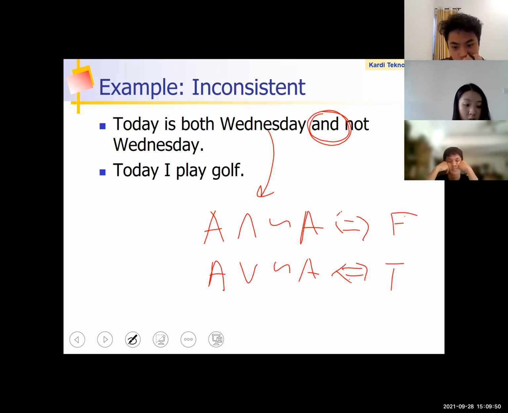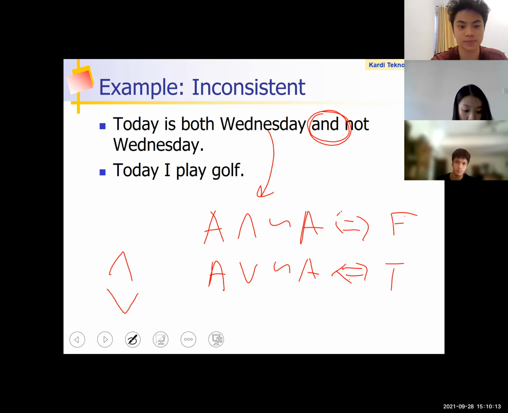Okay, you want to try? Let's try to do a truth table of this. This symbol represents and. This symbol represents or.